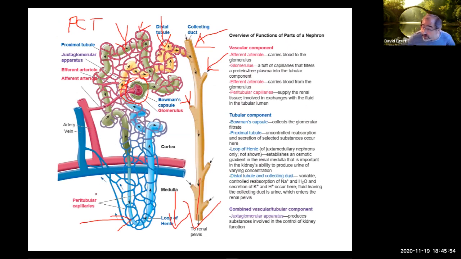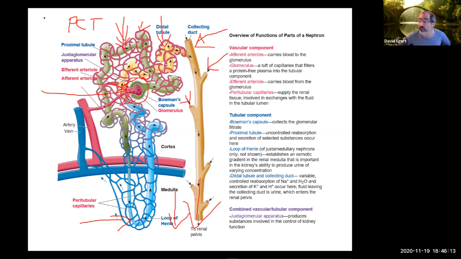Again, this idea, you have the initial capillary bed, which is the glomerulus, where you're creating the filtrate, but then that feeds into a second capillary bed, the peritubular capillaries, where we do the reabsorption and secretion.